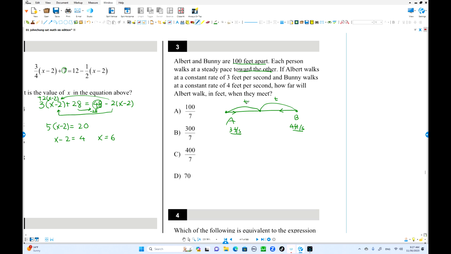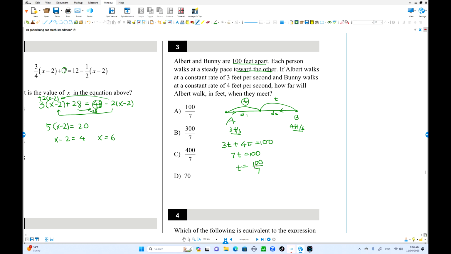So 3 times t, that is distance 1. The sum of this distance will be 1,000. So 3 times t plus 4 times t must equal 1,000. So 7t equals 1,000. t equals 1,000 over 7.